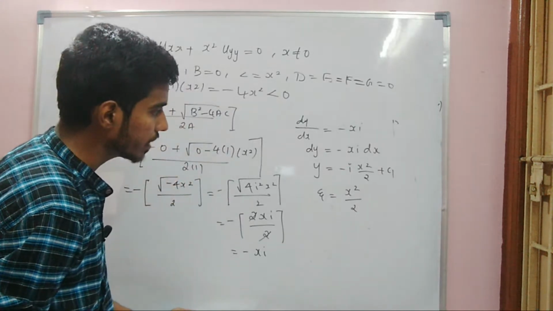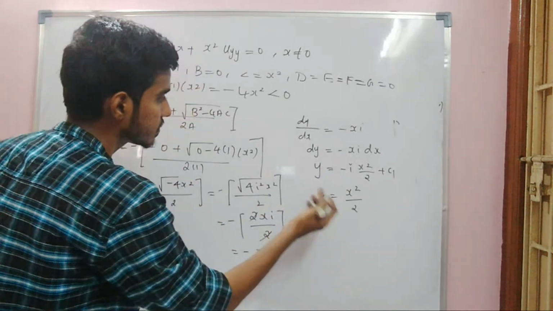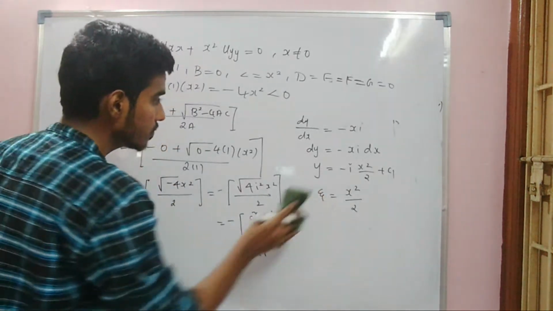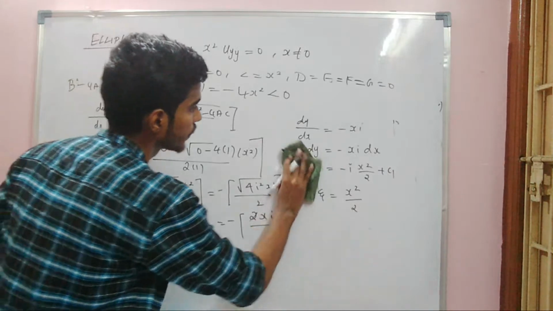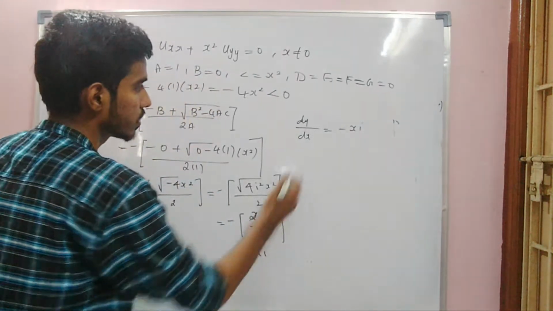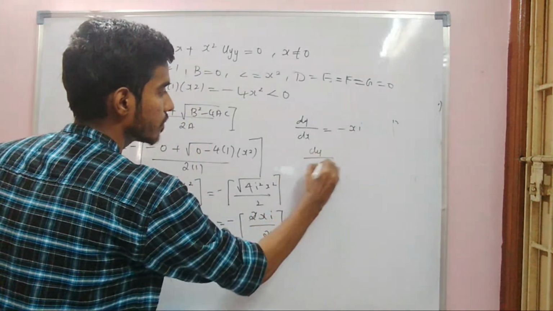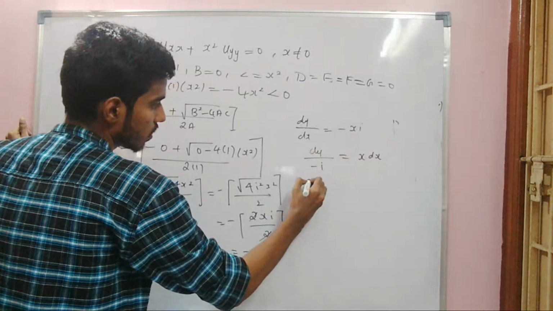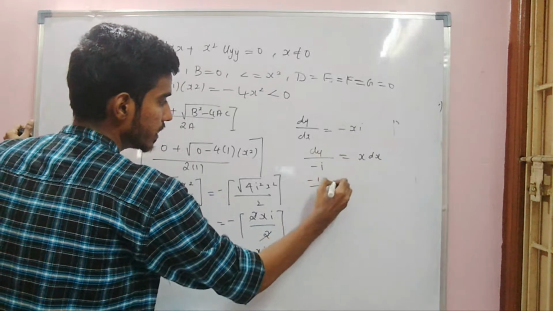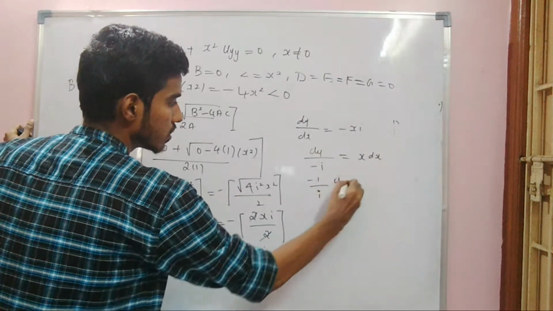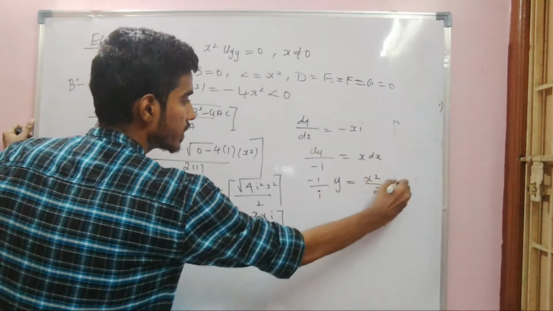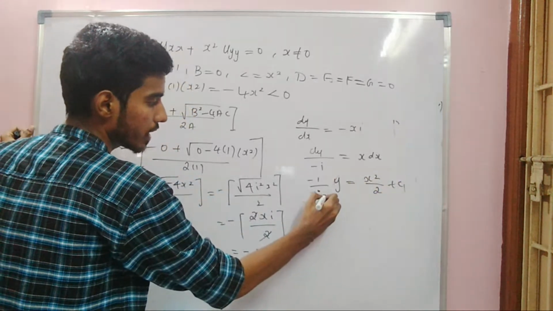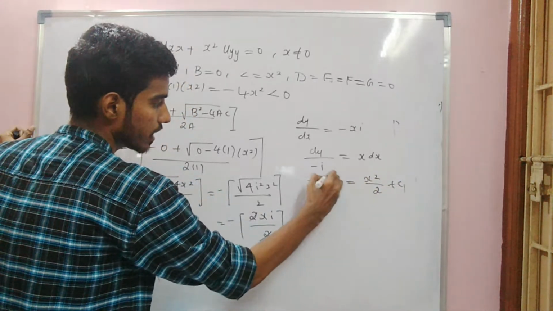Okay, we can also write this term to be dy by minus i is equal to x dx, and if I integrate this, minus 1 by i y is equal to x square by 2 plus c1. So for removing i, what I can do is multiply by i and i here.